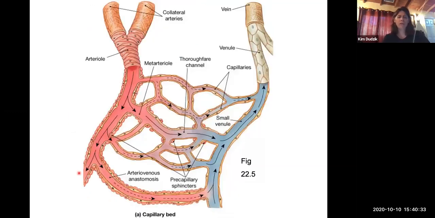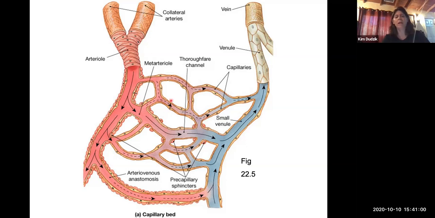All right, so again, just a little reminder, our arterioles are bringing blood fluid into our capillary bed, and as that fluid moves through, the red is indicating the oxygen. So the arterioles are carrying fully oxygenated blood, and it's being released through the capillary bed as the blood is moving through.